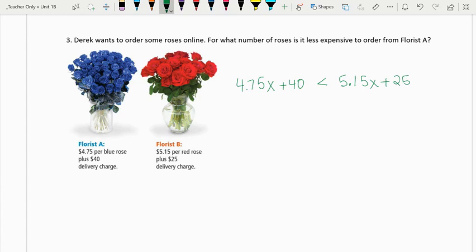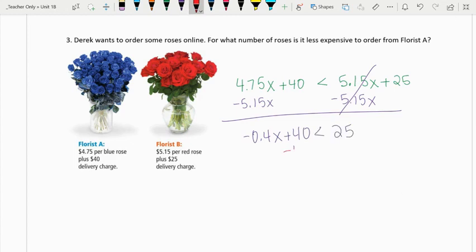So we can go either way to solve for x. What I'm going to do is move the x's to the left. So subtract 5.15x. And if you take 4.75 and subtract 5.15, you get negative 0.4x.